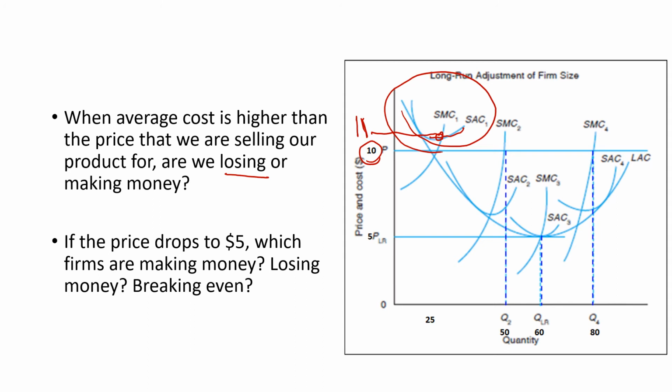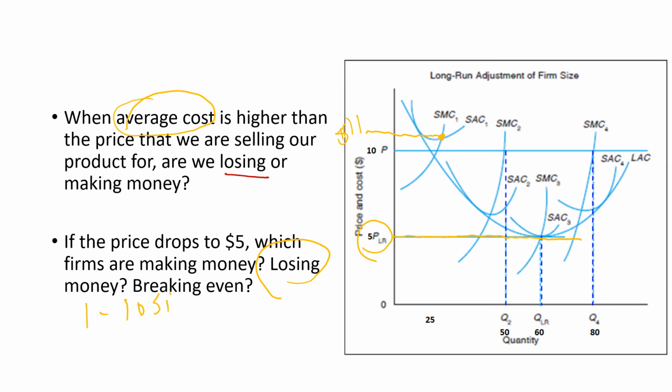If price drops to $5, which firms are making money, which firms are losing money, and which firms are breaking even? We don't have to calculate this out to figure this out. All we have to do is look at the graph. So if the price is now $5, any firm that has an average cost greater than $5 is going to be losing money. Does firm 1 have an average cost greater than $5? The answer is yes, because their cost is $11. So firm 1 is losing money.